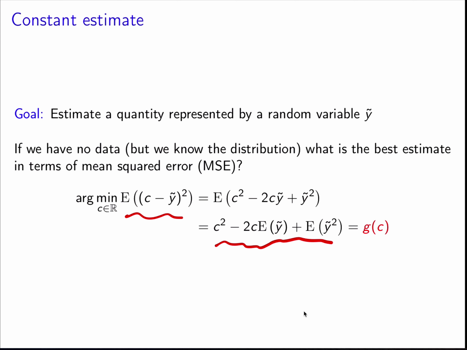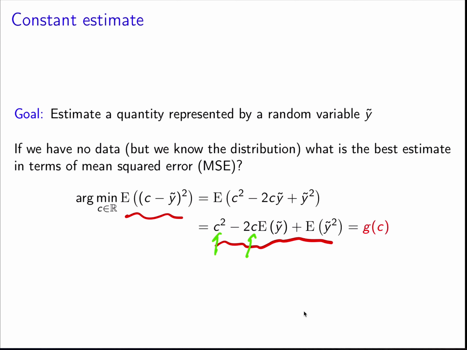And the important thing to note here is that once we have applied linearity of expectation, the expected value of y and the expected value of the square of y are just fixed values. There's nothing random about it. Once you take the expectation, you obtain a deterministic value. So this means that we have a function that only depends on c. And now we can wonder, what does it look like? This function depends on c, and in particular, where is its minimum?